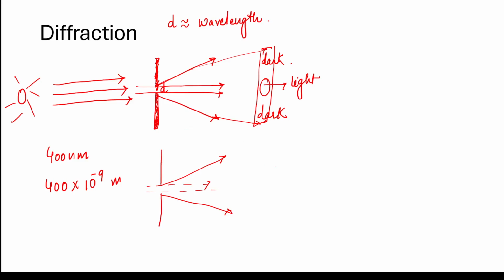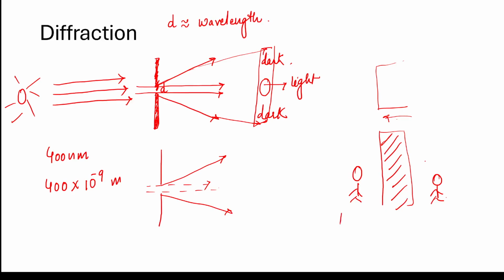Let me explain diffraction through sound waves. Let's say you are standing near a wall, and this wall has a door here. This is the entry to a room and your friend is here. Because this is a wall, you cannot see your friend. This is because the light ray coming from your friend is going straight and not reaching your eye.